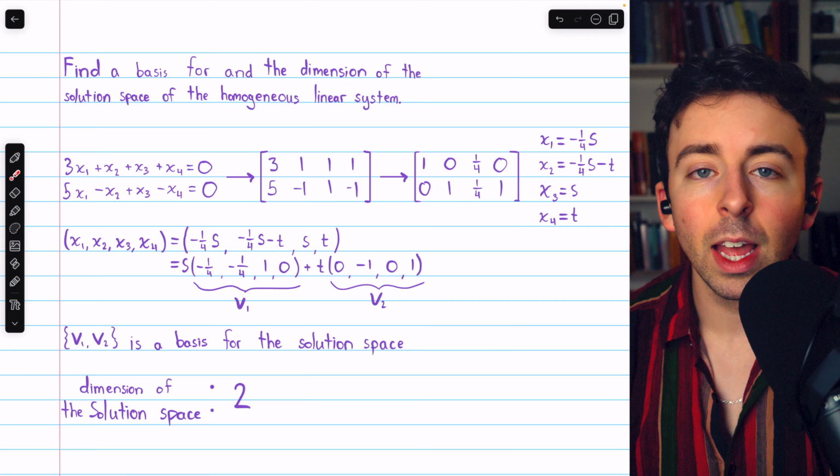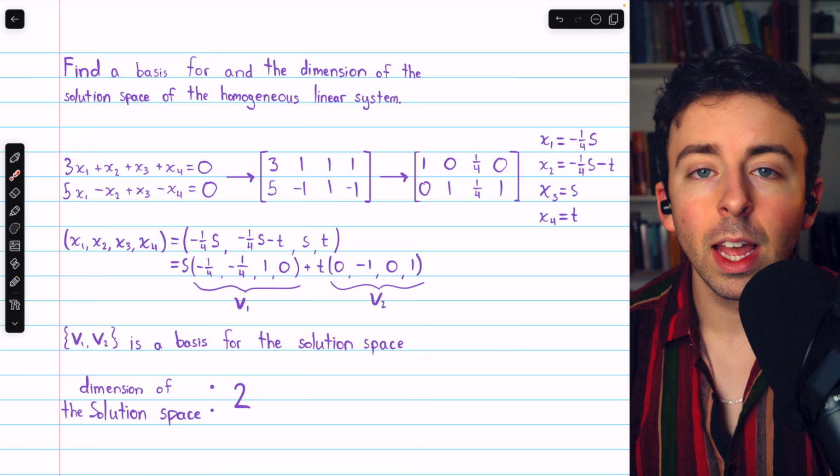We can then write this single vector as a sum of two vectors. This vector captures the coefficients of the parameter s, and this vector captures the coefficients of the parameter t. By letting the parameters s and t range over all real numbers, we would describe all solutions to this homogeneous linear system. Thus, we have a basis for the solution space.